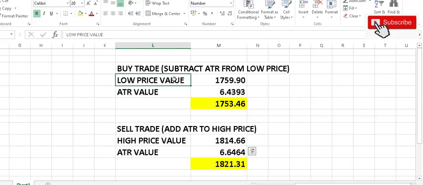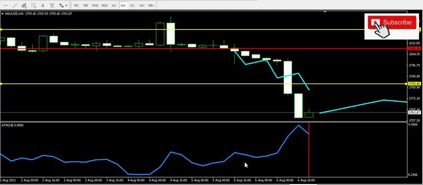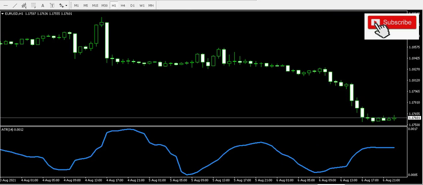So you can use this to set stop loss for any tradable assets, I'm talking about EUR/USD or GBP/USD. You just plot your ATR value and, for that particular candle, get the ATR value and subtract or add as the case may be.